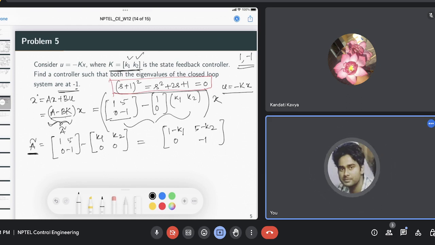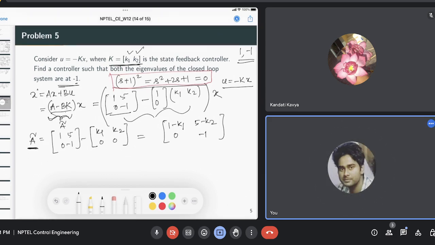Then, if we want to find the eigenvalues, what do we do? The determinant of sI minus A tilde equals 0. This gives the eigenvalues of the A tilde matrix, or from it we can find the characteristic equation.